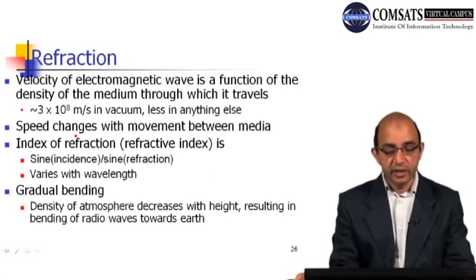So we can define the index of refraction, that is the sine of the incident angle divided by the sine of the refraction angle. So it varies with wavelength. Now, gradual bending: the density of the atmosphere decreases with height, right?